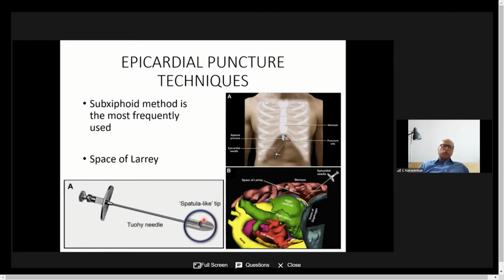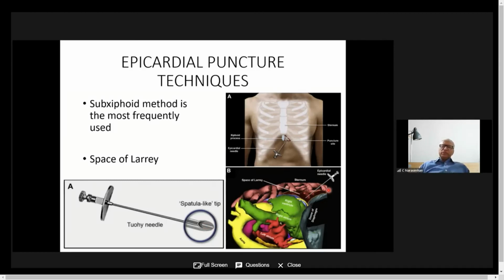If you want to access the anterior surface of the epicardium, the bevel should be facing the ceiling of the room so that as you puncture, the wire comes out into the anterior surface. If you want to go laterally, turn the needle in such a way that the wire exits through this aperture and goes laterally or posteriorly.